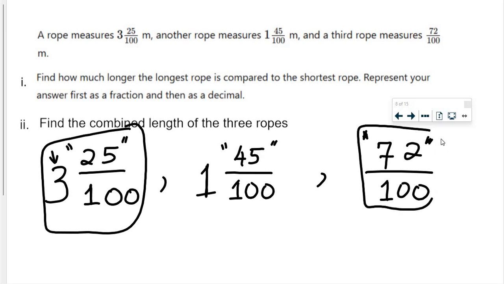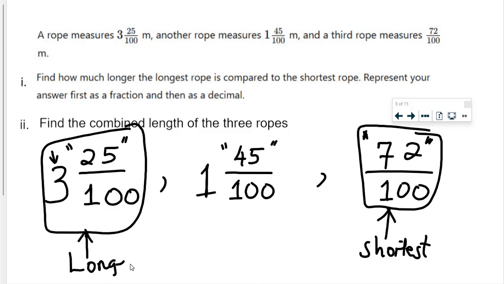So automatically, this is the shortest rope and this is the longest rope. Represent your answer first as a fraction and then as a decimal. That means you take the longest minus the shortest.